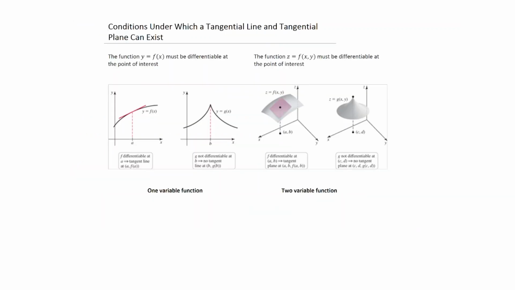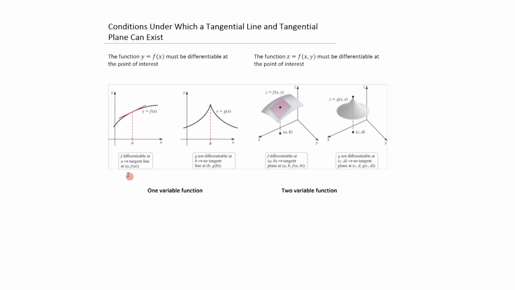All right, so just a little bit more in terms of conditions under which a tangential line and tangential plane can exist. We've discussed this when we discussed differentiability, so we'll just revisit the subject. Let's look at the one variable function case and then the two variable function case. In this case, the function y equals f of x must be differentiable at the point of interest if we're going to have a tangential line.